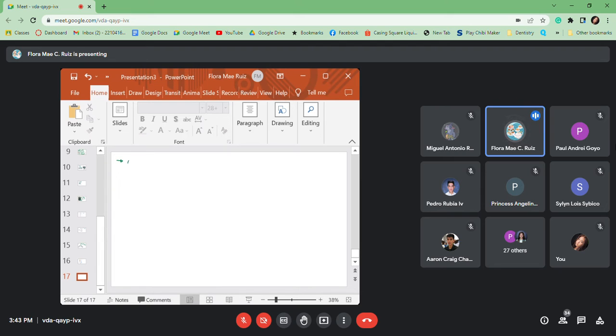Again, that equation is represented by this: E cell equals E reduction minus E oxidation. So notice that this is true for all redox reactions, not only for voltaic cells.